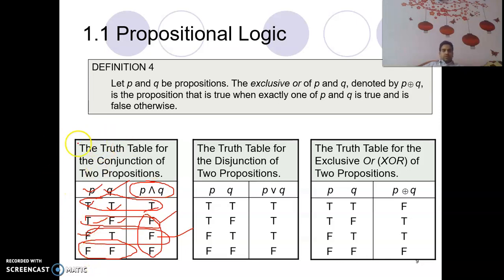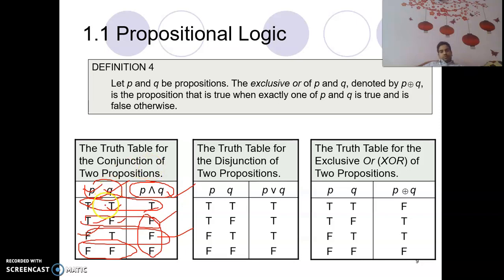So this is the truth table. These are all the possible values P and Q take. When all possible values are written in the form of a table, and the resulting outcome of the connectives is also represented in the table. So these are the variables, and this is the statement which is formed after the conjunction.